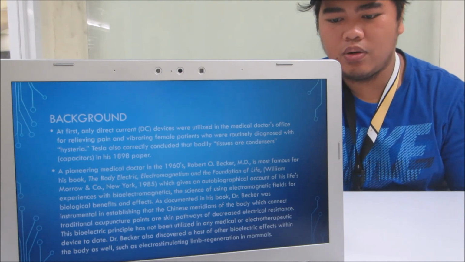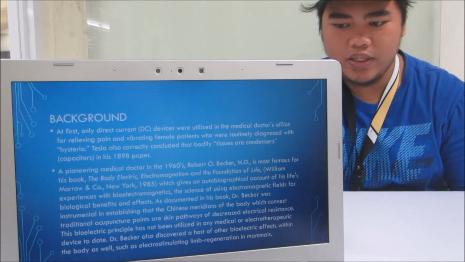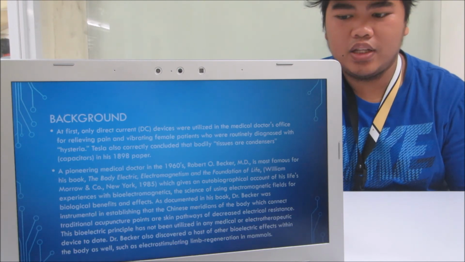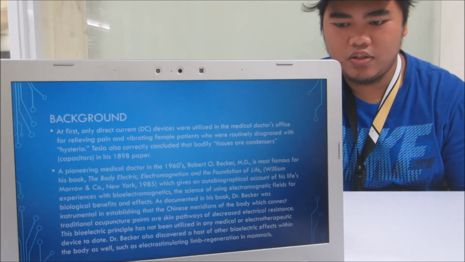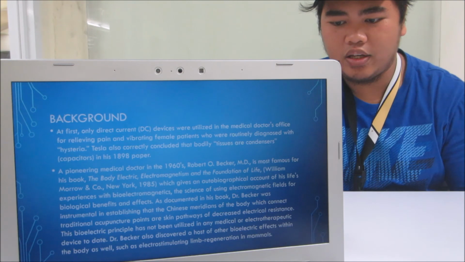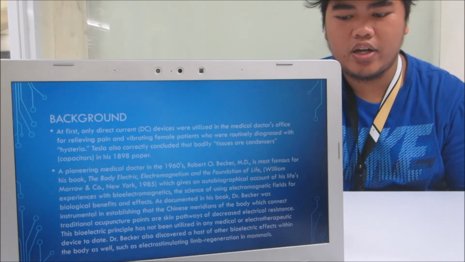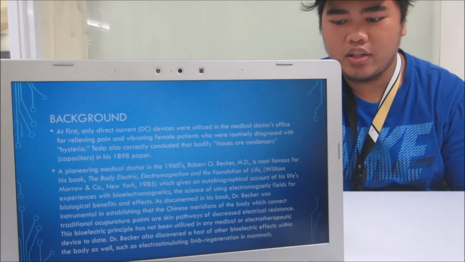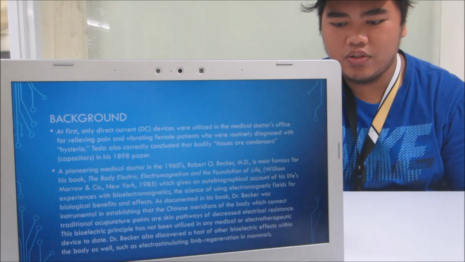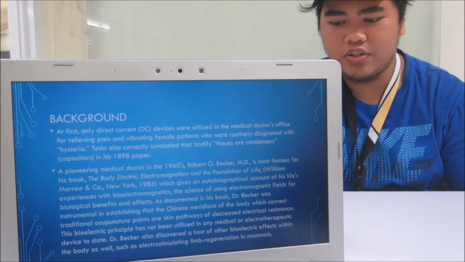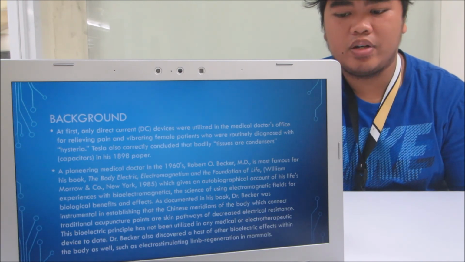Background. At first, only direct current (DC) devices were utilized in the medical doctor's office for relieving pain and vibrating female patients who were routinely diagnosed with hysteria. Tesla also correctly concluded that bodily tissues are condensers or capacitors in his 1898 paper.